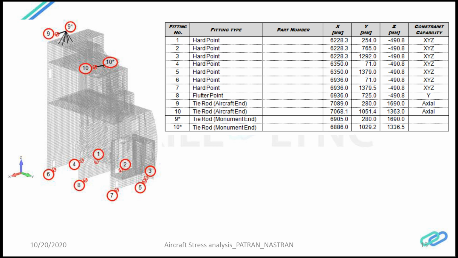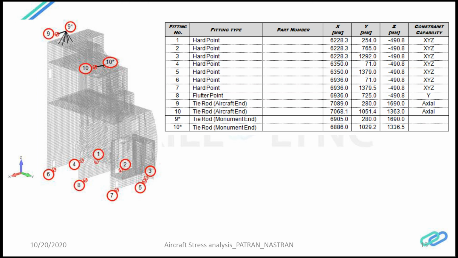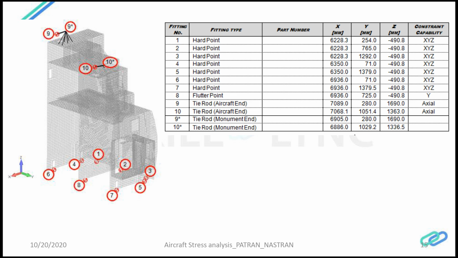The lower attachments are modeled using RBE2, and for the top attachments, you see the strut which attaches to the aircraft roof is modeled using a bar element, and the topmost strut uses a rod element. And then there is a lug. There are two lugs: one lug is coming from the aircraft roofing, and the other lug is coming from the end of the strut, attaching to the aircraft bracket, the aircraft lug.